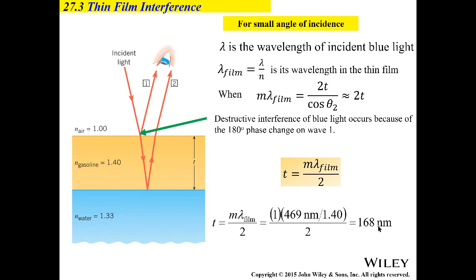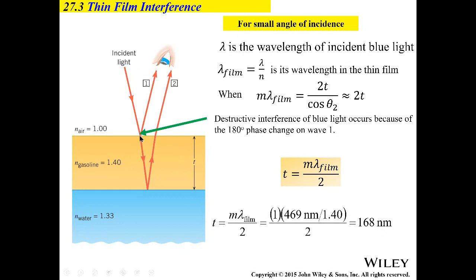Are you comfortable with that? What was it now? Okay, somebody already answered the question. This is a small angle. You are close to the normal, for small angle of incidence.